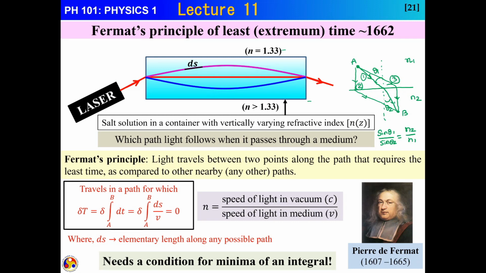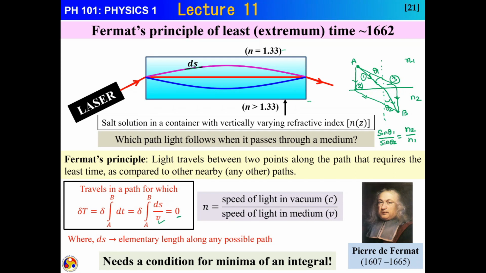Which can be written in the functional form delta of the path moving from A to B should be reaching in the shortest time. Now, the shortest time can be expressed provided you know the infinitesimally small path or elementary length ds here, and if it is traveling at a particular speed, that should be tending towards 0.